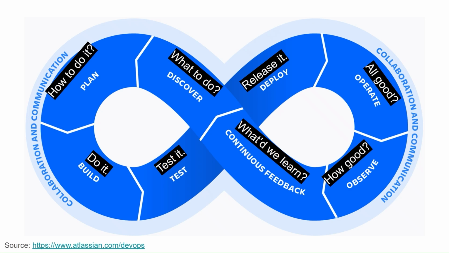Observe is like a constant monitoring of the health, the metrics of your entire application, essentially. And then continuous feedback. So now based on what we're observing, how the release went, and this entire process, what did we learn? And then bring that back into what we're going to decide to do next.